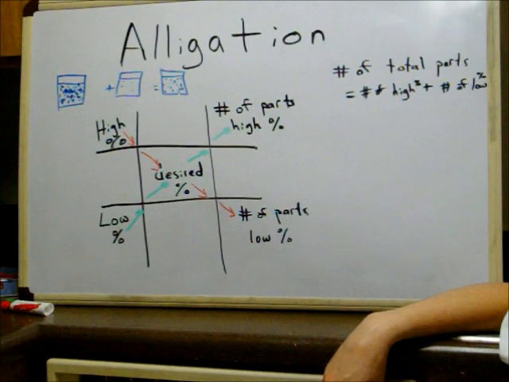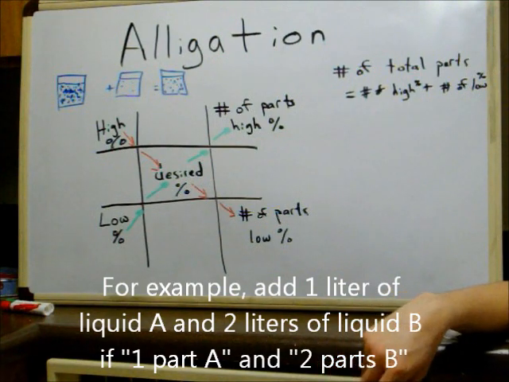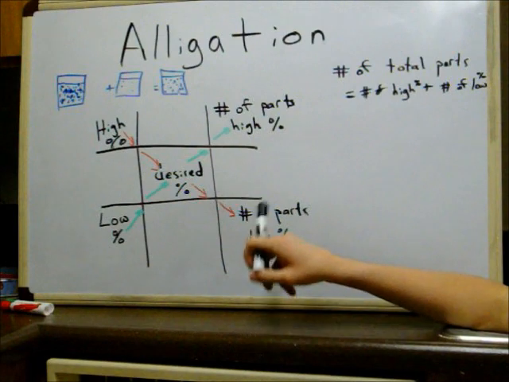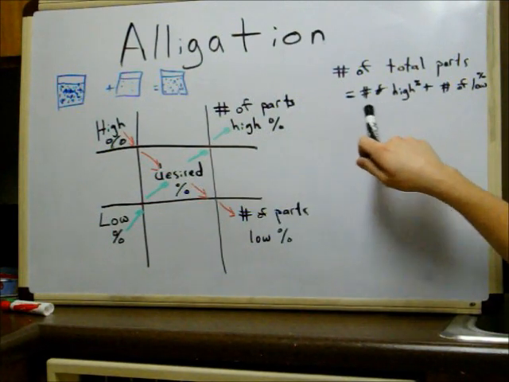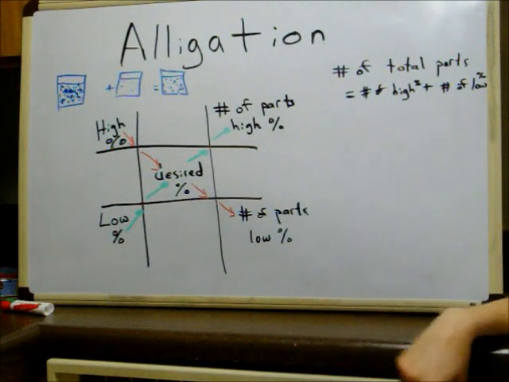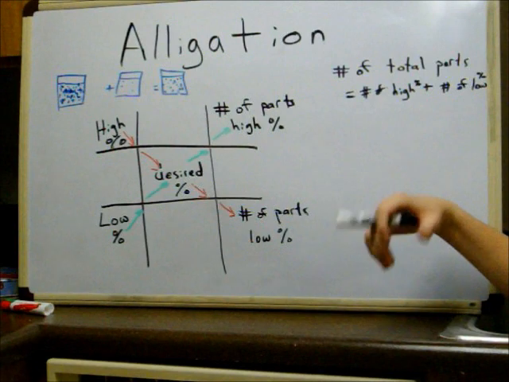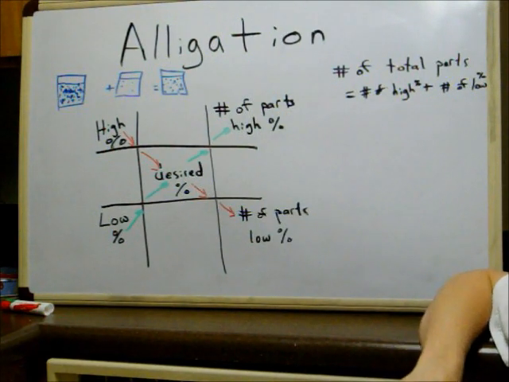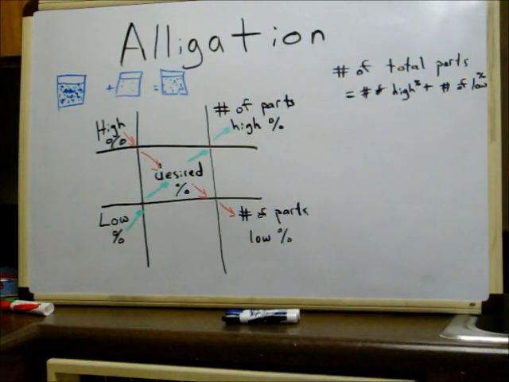It could be milliliters, liters. It really doesn't matter. You just have to be consistent. And then the total number of parts is the number of high parts plus the number of low parts. And then you use that to determine what percentage of each solution goes in. So I think it'll be easiest if we do an example.